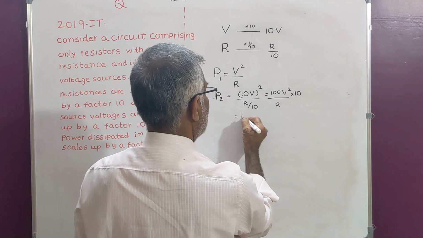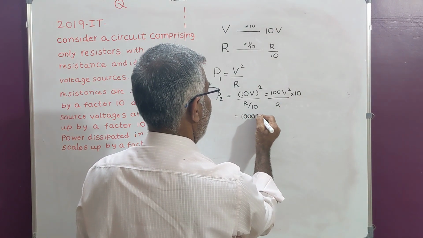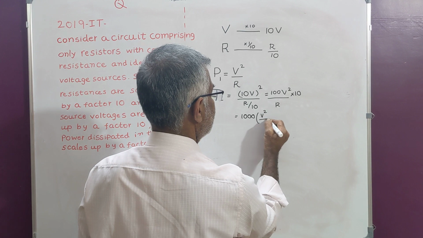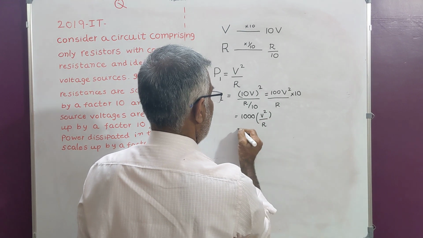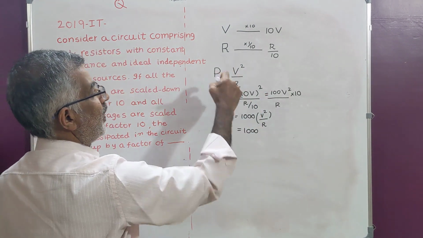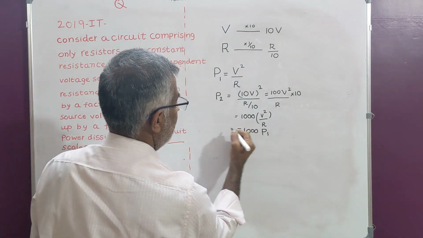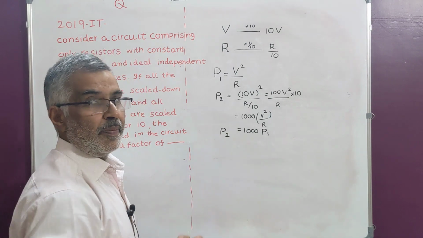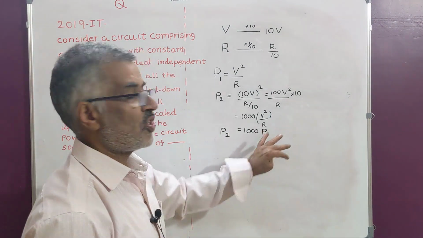That is 1000 times V squared by R. What is V squared by R? V squared by R is P1. Therefore, the new power will be 1000 times the original power.